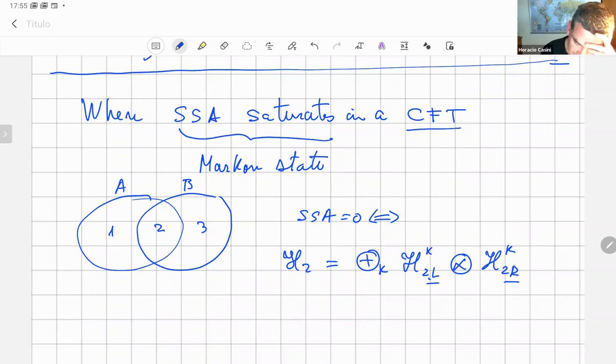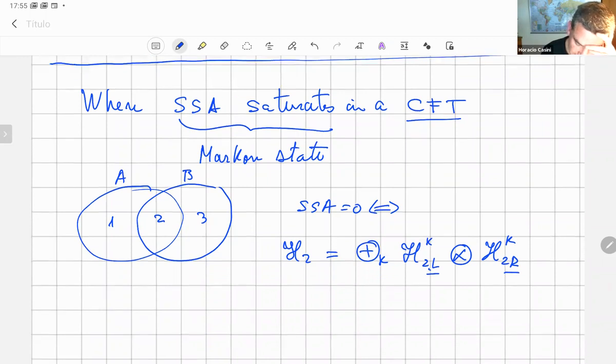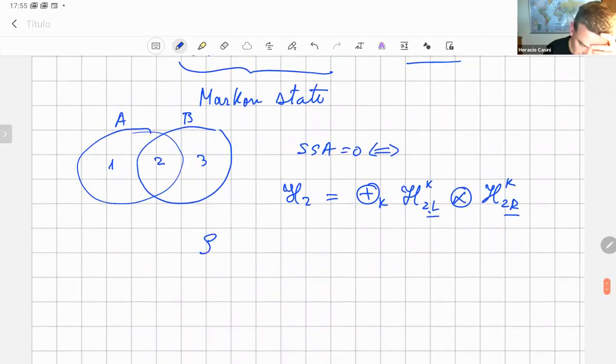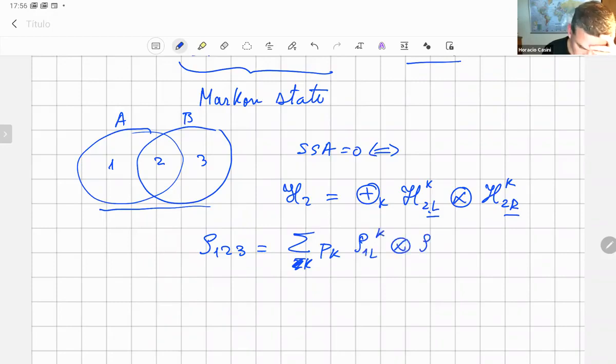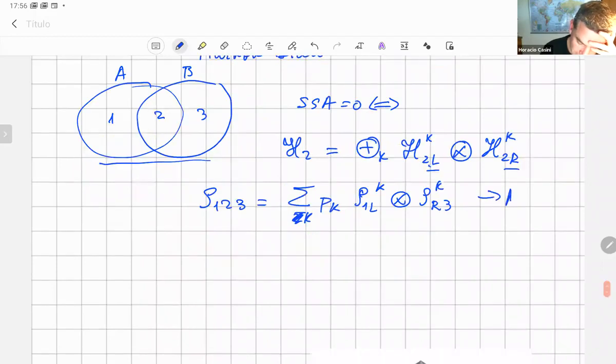So it's just a sum of tensor products in such a way that the global state in the three regions together is a sum with some probabilities. The density matrix is like this. So this is a Markov state.